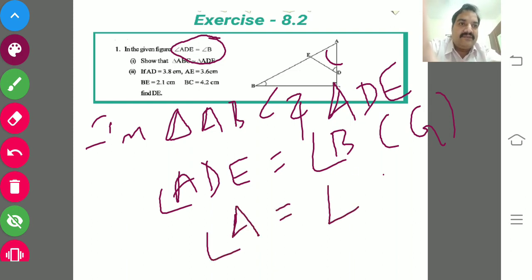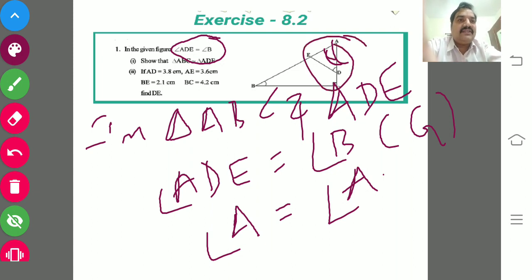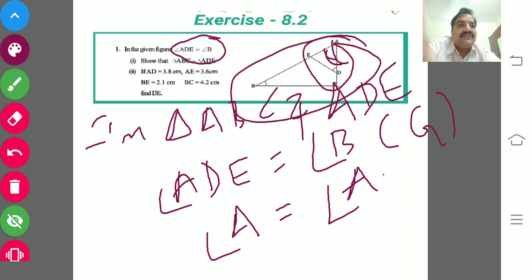If you observe, in triangle ABC, angle A is there. In triangle AED or ADE, angle A is also there. In this small triangle also, in this big triangle also. So this is one more angle, a common angle. It's common, you write.